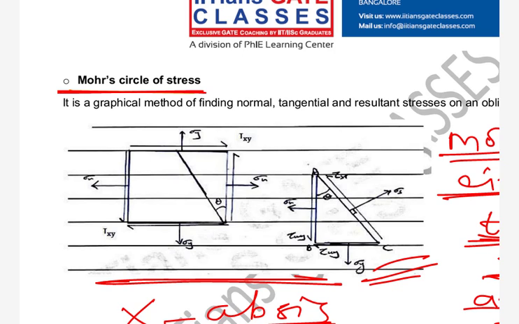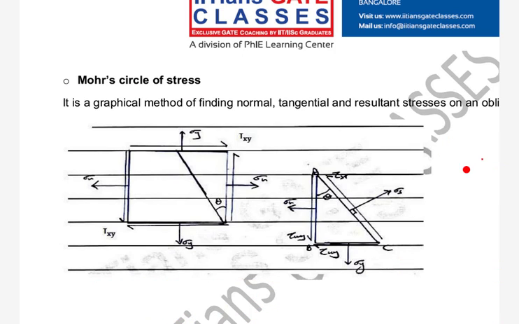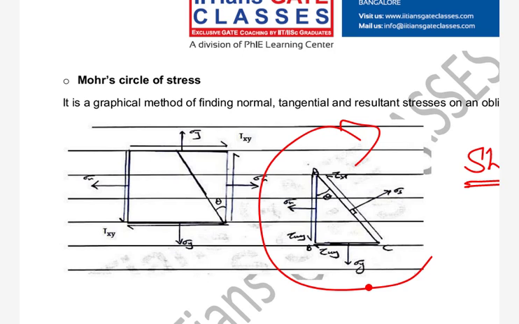Now, this is about normal stress. What is the sign convention for shear stress? If my shear stress tries to rotate my element in clockwise direction, then it is drawn on the positive y-axis.